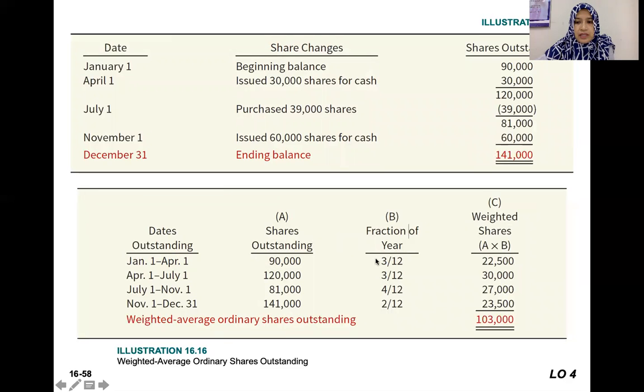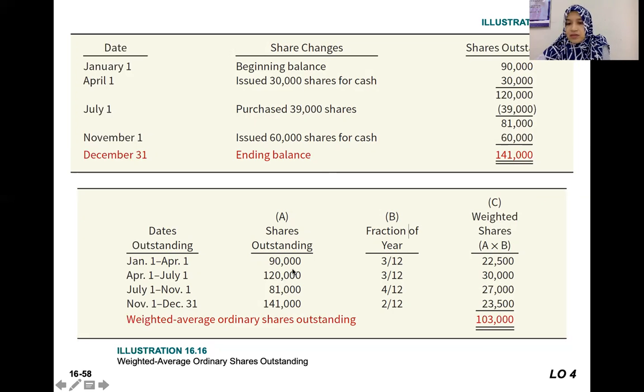So we multiply by 3/12 months, then we get the weighted shares. And then we move to the next group. On April 1st, the company now has a total of 120,000 shares. From that date until the next transaction, from April 1st until July 1st, it is also 3 months.